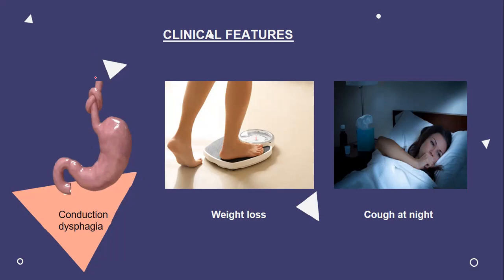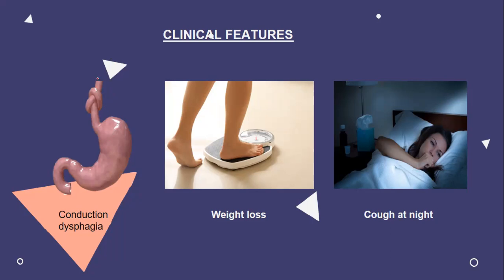The food that was stuck during the day, let's say this person was eating breakfast, lunch, and all the foods during the day, but none of them went into the stomach. They are stuck in the esophagus, right?